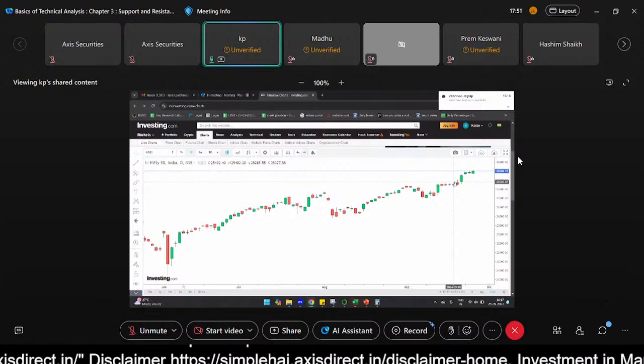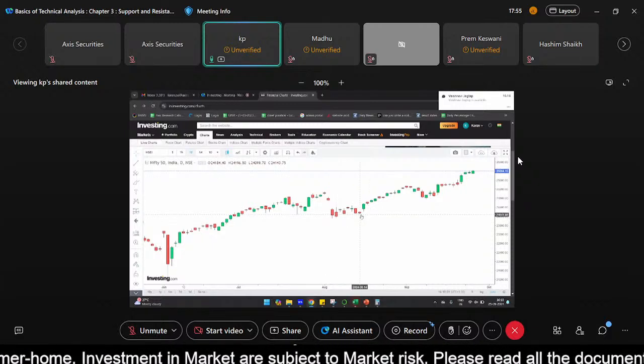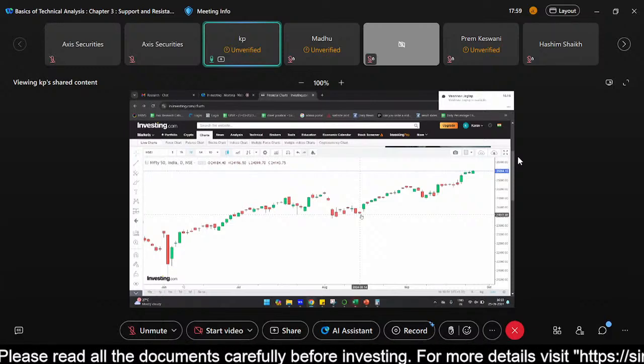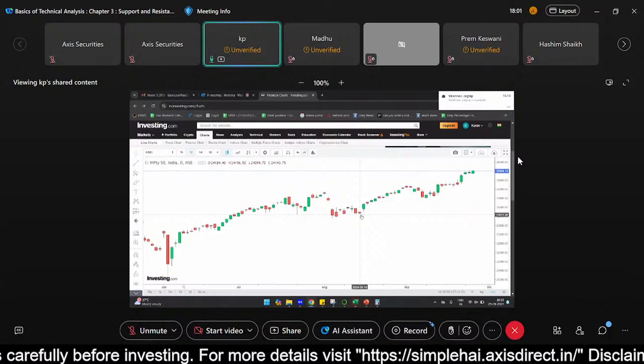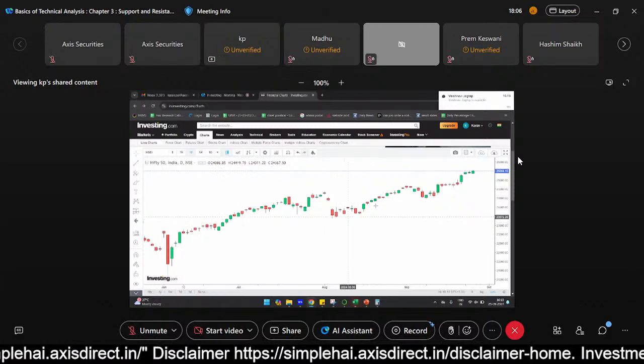But for the time being, this is what we would call a support, because prices at this point halted their move. The downfall halted, and you can see that for a few days it held that level, and then from there there was a trend reversal.